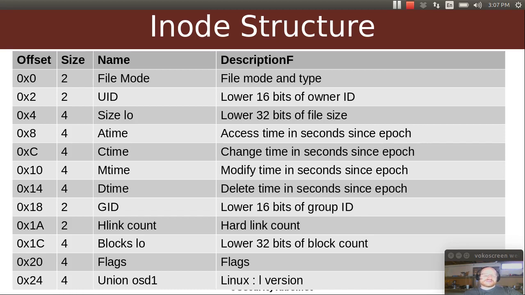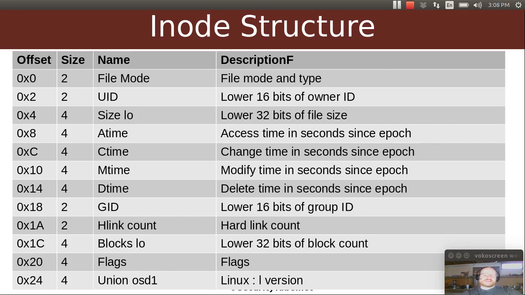We don't care about symbolic links here. We just need to know hard links so that when the last hard link's been removed, we can delete the file. How many blocks are used by this inode? Recall that the inode is everything you wanted to know about the file except for its name.